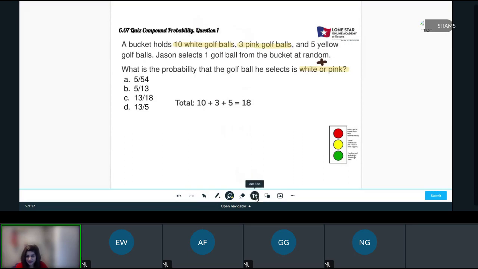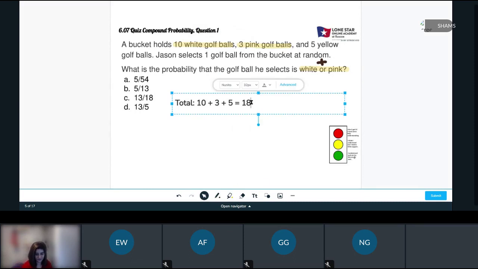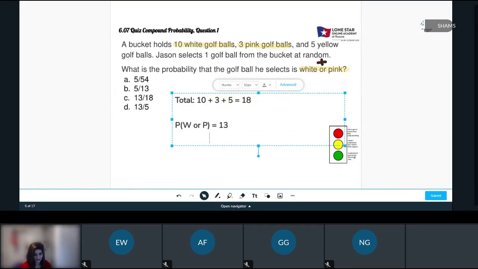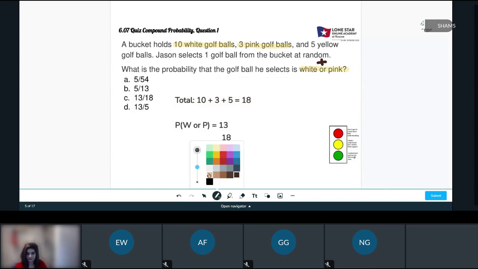So we can say the probability of white or pink is going to be 13 over 18. Answer choice C looks correct.